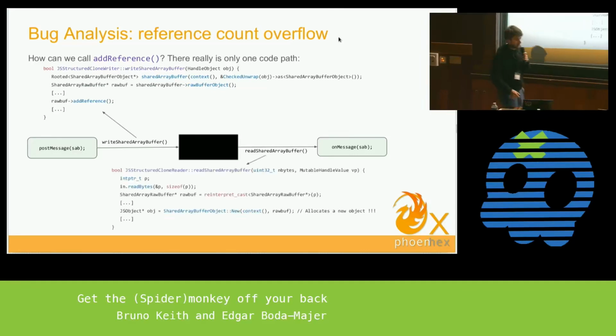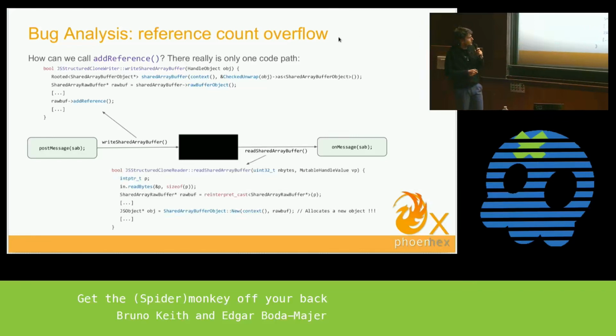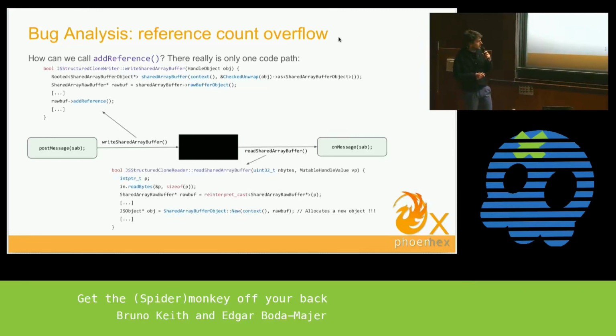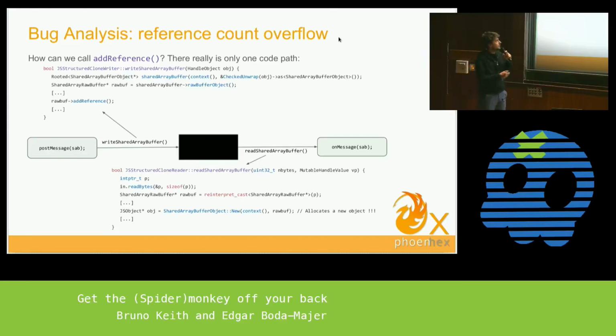If you check the code of the read shared array buffer, you can see down here it will read in the serialized data, and then down here it will in fact allocate a new shared array buffer object. These two are always linked together in the Firefox browser. You cannot call just this method without this one being called. So every time we call add reference, it will also allocate a new shared array buffer object.